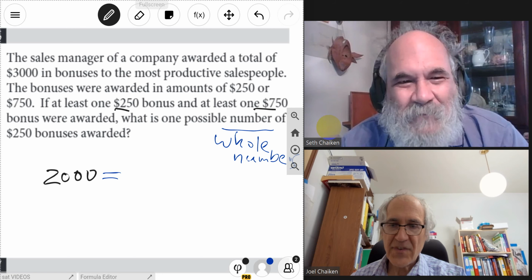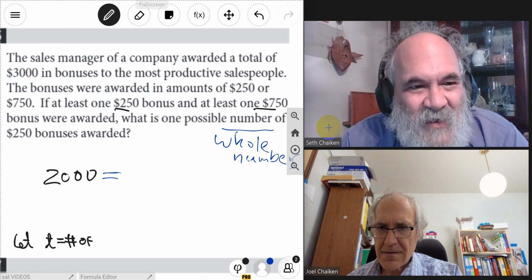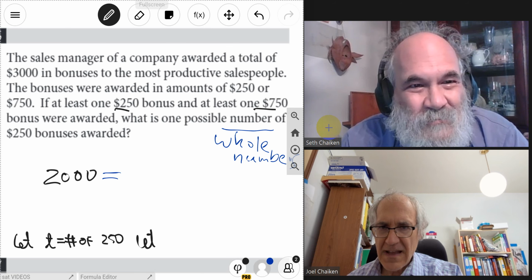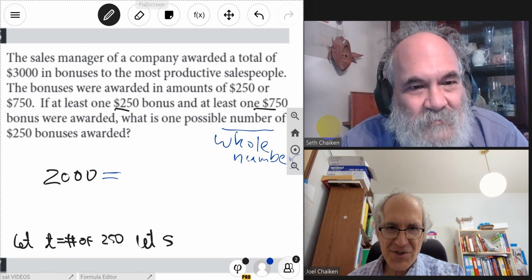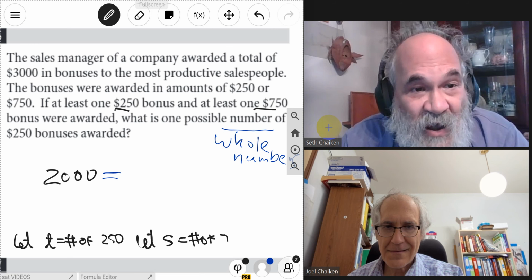So let's be careful. Since 250 is a small bonus, T for 250 and S for 750. Okay, number of additional.